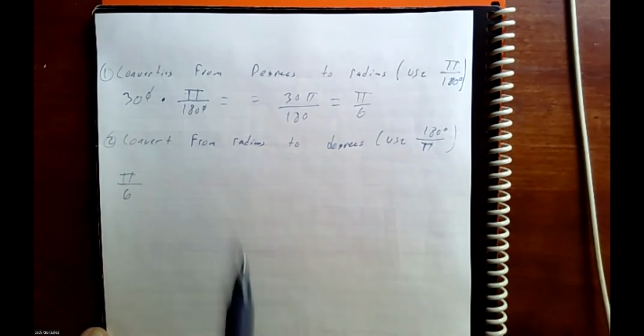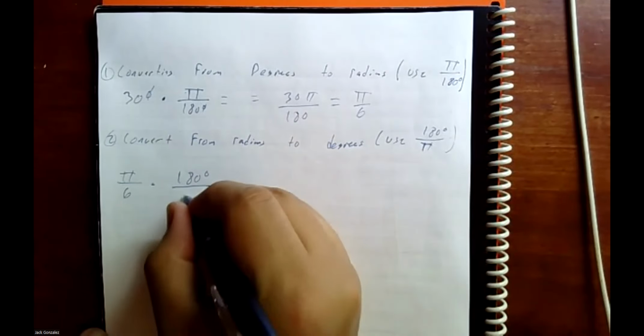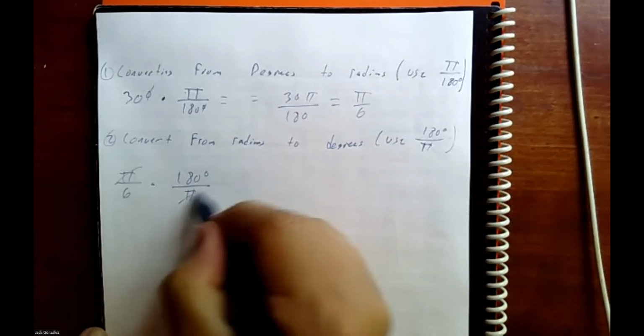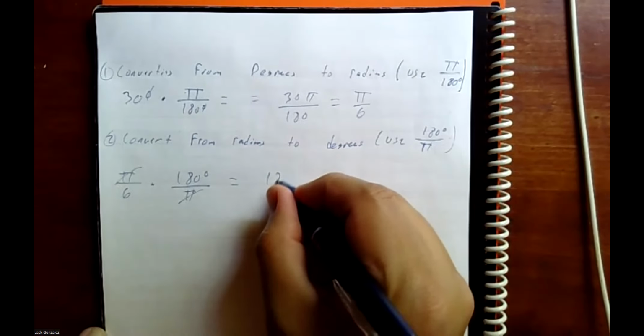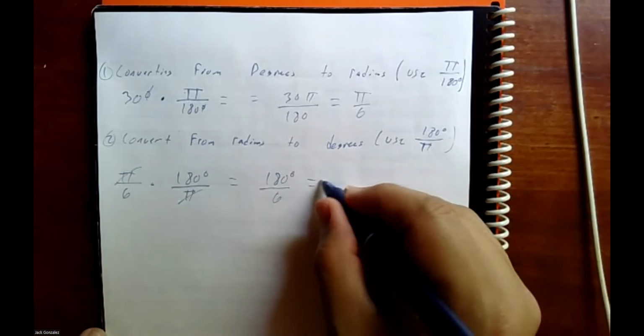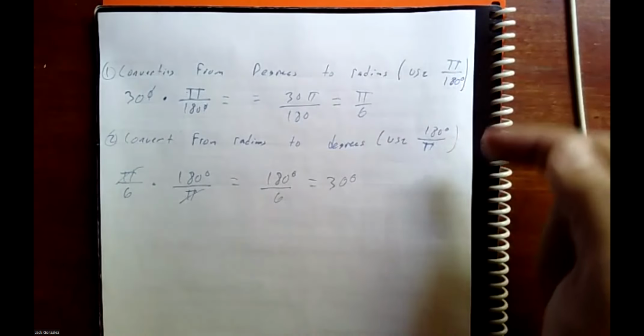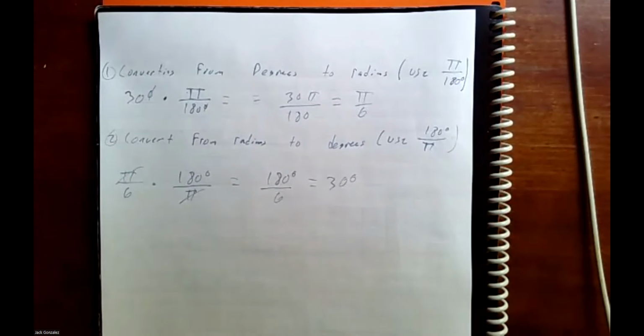So pi over 6 times 180 over pi, so the pi cancels, leaving me with degrees. That gets me to 180 over 6, which is 30 degrees. That's all you need to know for conversions. Use one of these depending on where we're going. I think that's all for now.